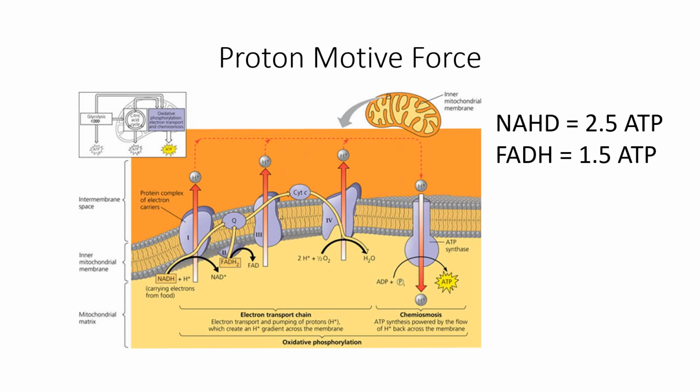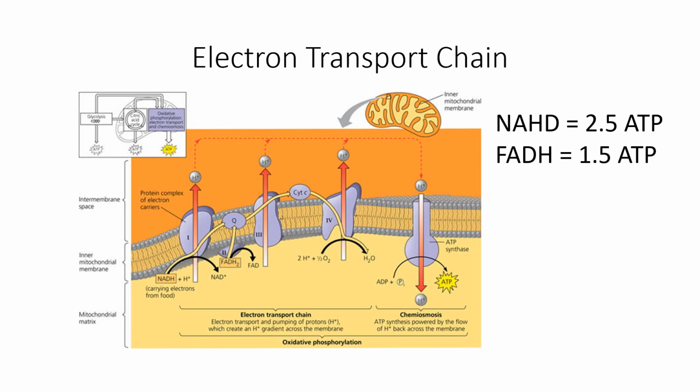So let's get back to comparing ATP production by NADH and FADH. All right, so how much ATP does each NADH produce compared to FADH? So NADH, as you know, comes to complex 1 and is then oxidized by complex 1.